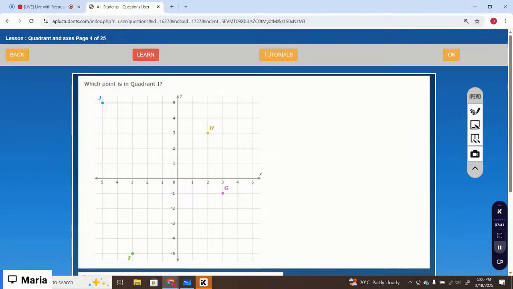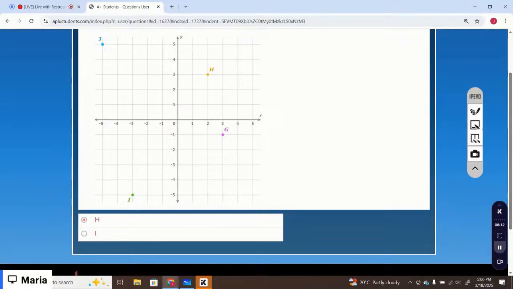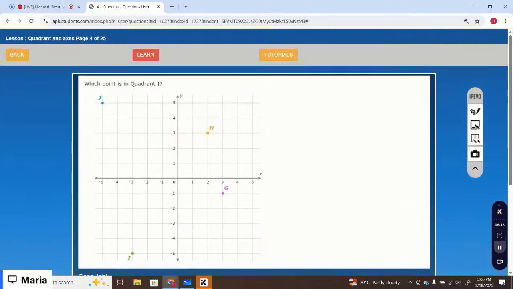Which point is in quadrant 1? So, which is the correct option? H is in quadrant 1. Option number 1 is the correct option.